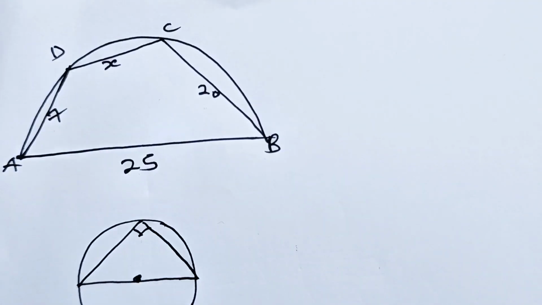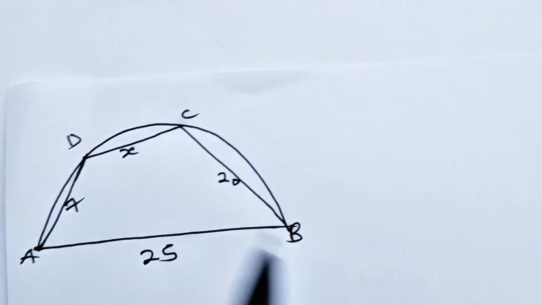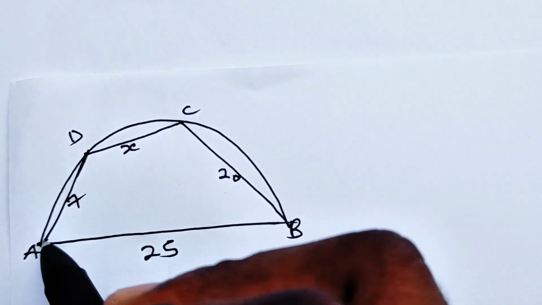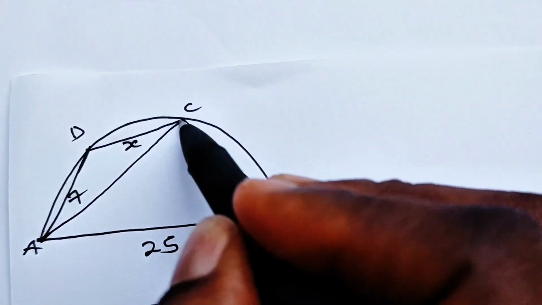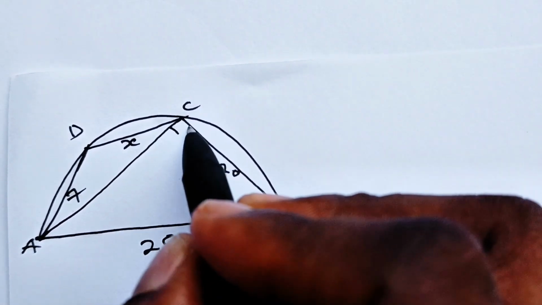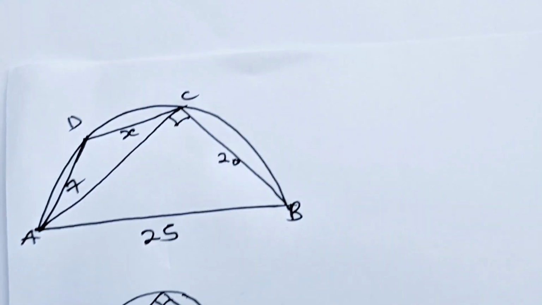Okay? So if we relate this to what we have here, if we join A to C, this is supposed to be a straight line. It simply means that angle C is 90 degrees.